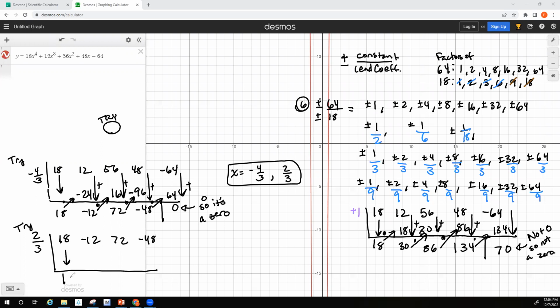So I bring this down, 18, multiply, we get 12, add 0, add 72. 72 divided by 3 is going to give us 24.